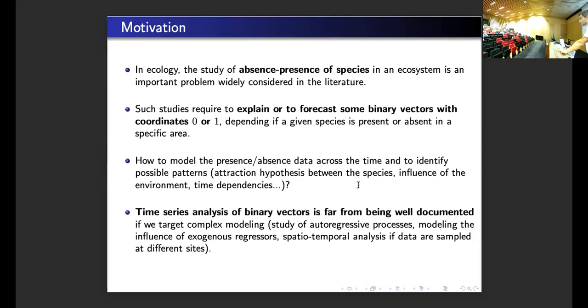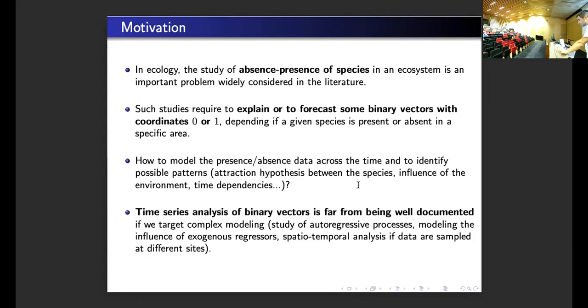Typically, it is connected to abundance data, because you have the number of individuals for some species recorded, and sometimes you have a non-negligible amount of zeros, and then you are just interested in the presence or the absence of a given species in the ecosystem. The data can be collected at different locations and also at different time points.